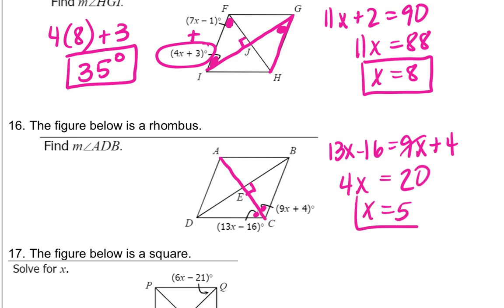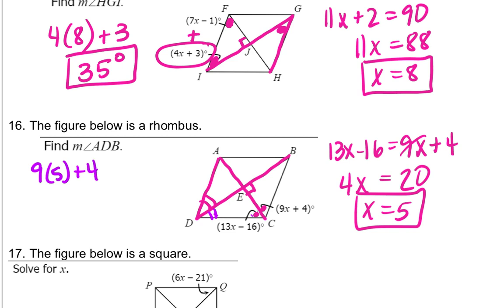So x is 5. And they want me to find ADB, which is this angle over here. That angle over there and this angle here are the same, and we know these two have to add up to 90. So I'm going to plug x in, subtract it from 90. So 9 times 5 plus 4.